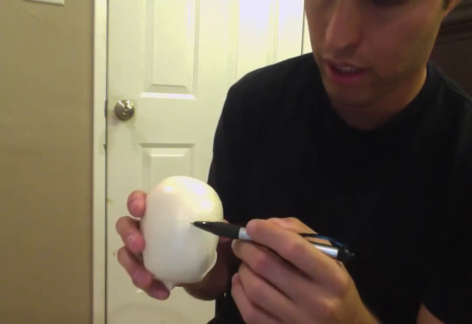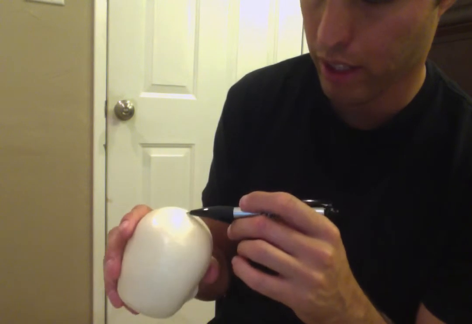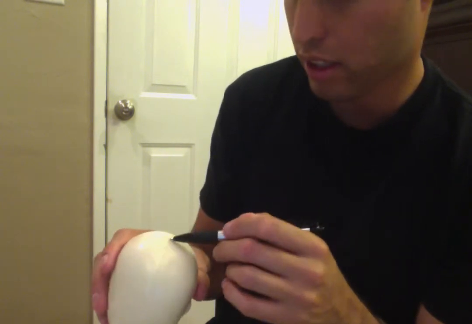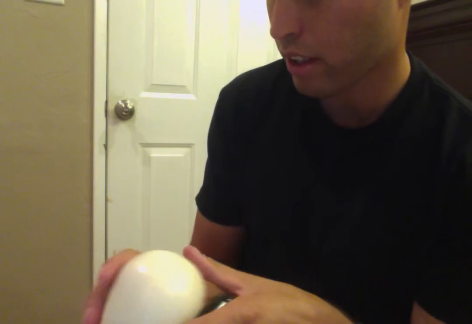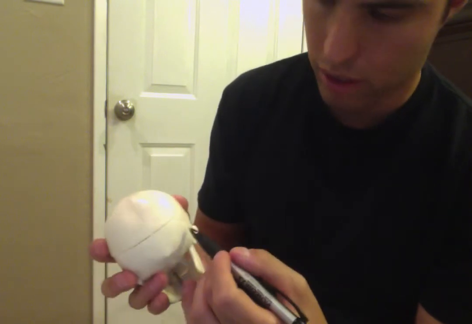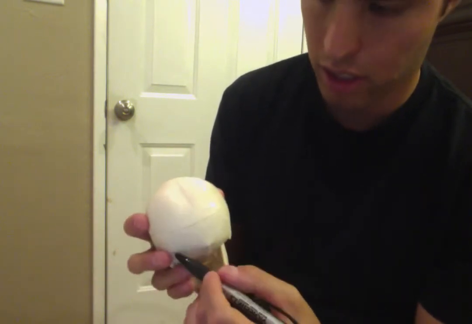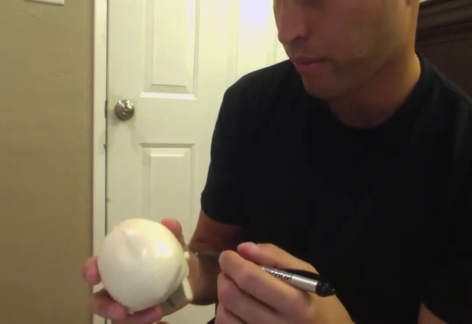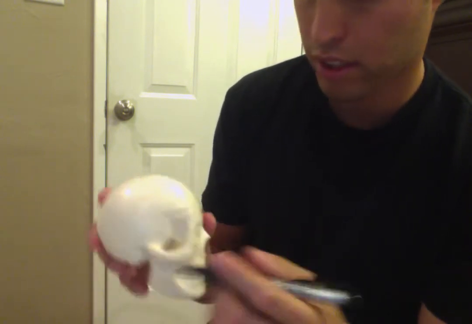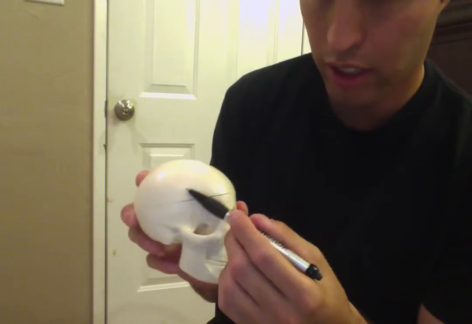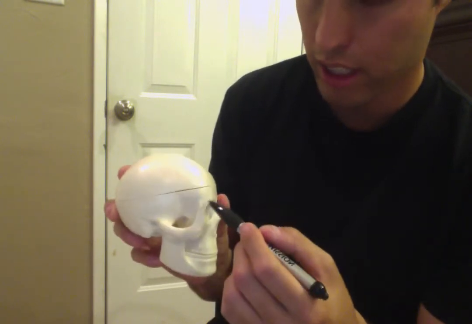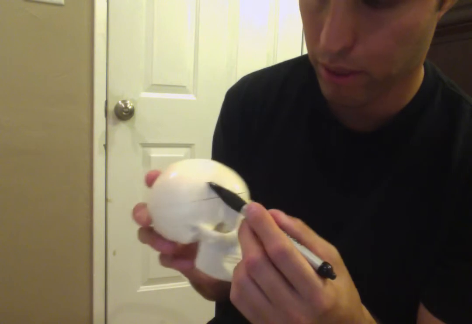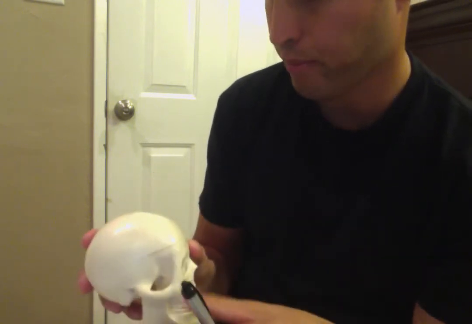It starts at the frontal bone and back here ends at the occipital bone. The lambdoid suture along the occipital bone and the parietal bones. The squamous suture is here. That's between the temporal bone, the frontal bone, and the parietal bone.